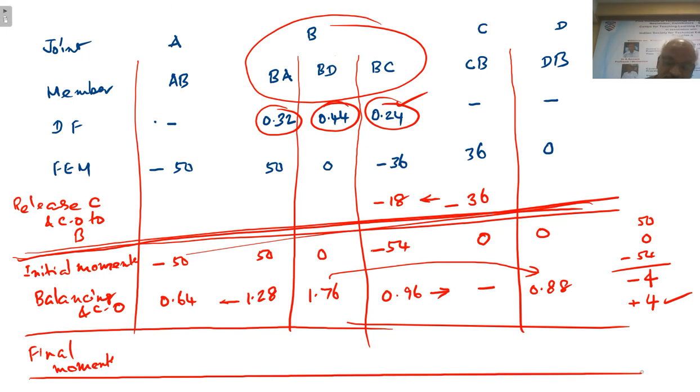So the final moments are minus 40, so only these values are to be added. 49.36, this is 51.28, this value is 1.76, minus 53.04, 0.88. So for these moments you will have to draw the bending moment diagram.